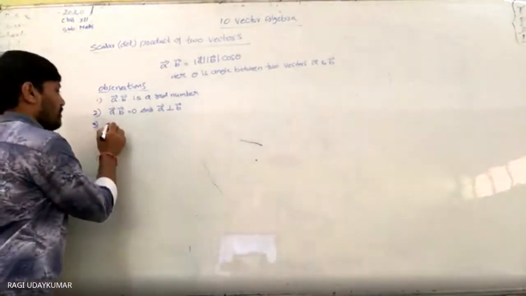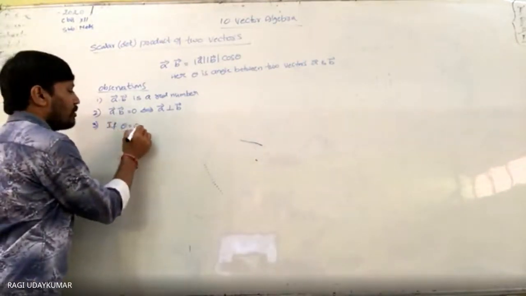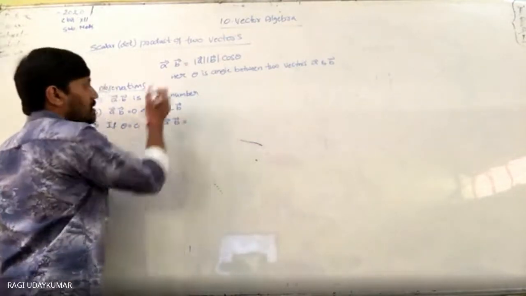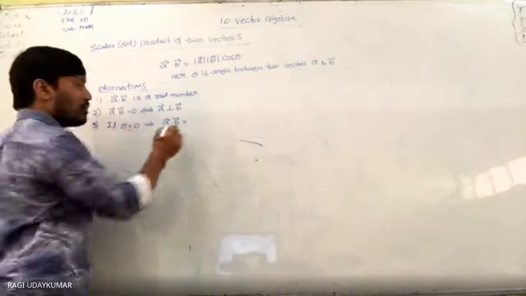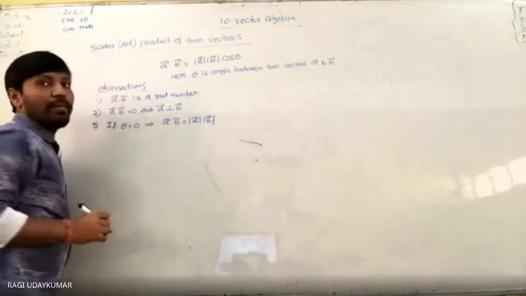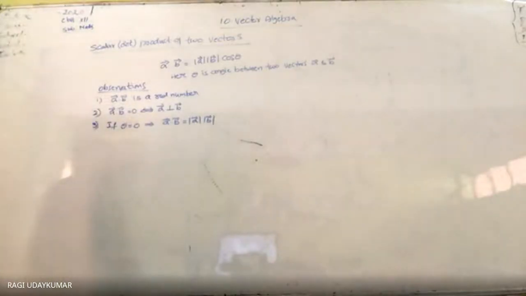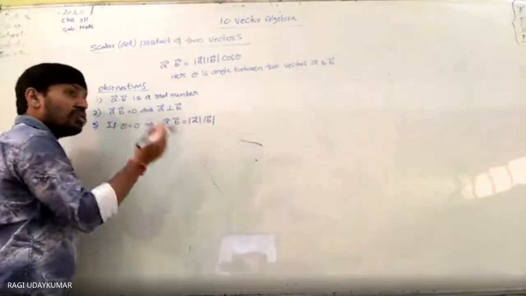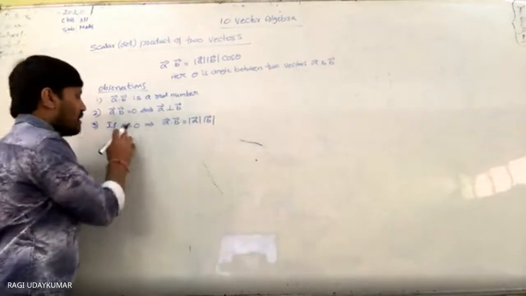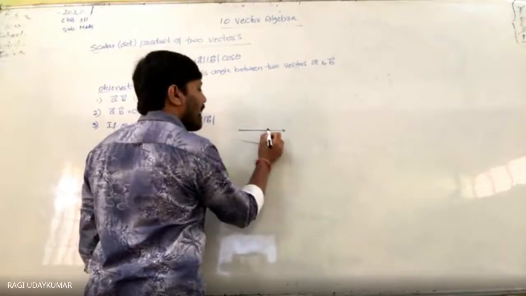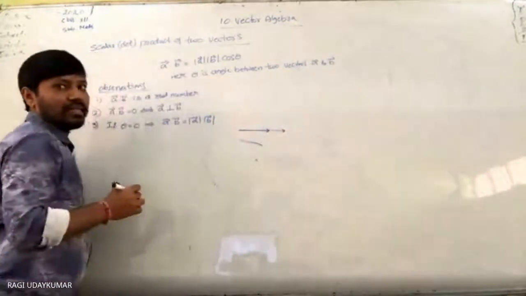In case the angle is 0, cos 0 degrees is equal to 1. Therefore the dot product will be equal to the product of the two magnitudes. In particular, if the two same vectors are considered, angle 0 means one vector and the other vector are in the same direction.